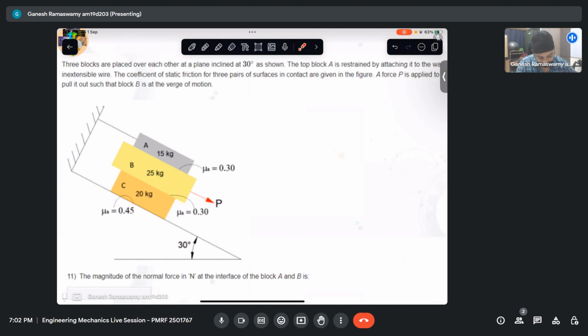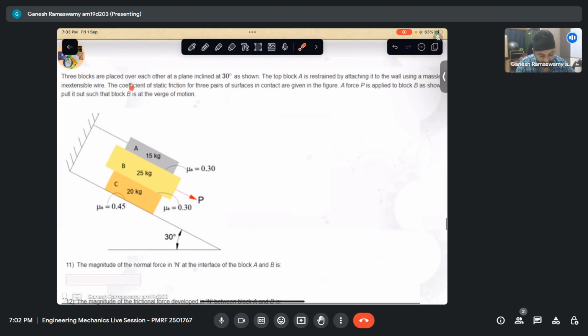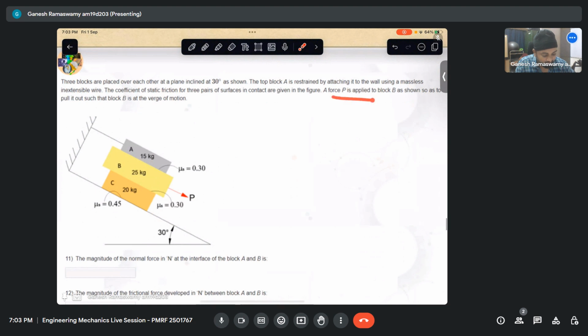The coefficient of static friction for the three pairs of surfaces: this is one pair, this is the second pair, this is the third pair. For each pair, the coefficients of friction are given in the figure itself. A force P is applied to block B. So this is block B. A force P is applied like that, parallel to the incline, so as to pull it out such that block B is at the verge of motion, is what is given.